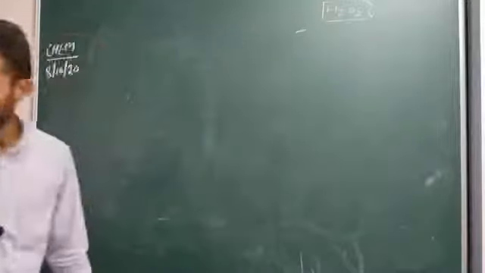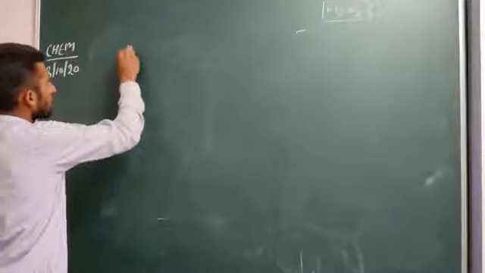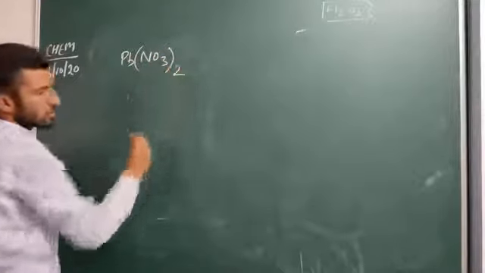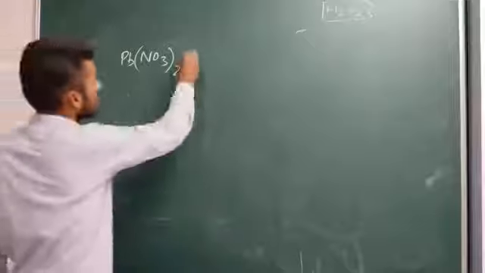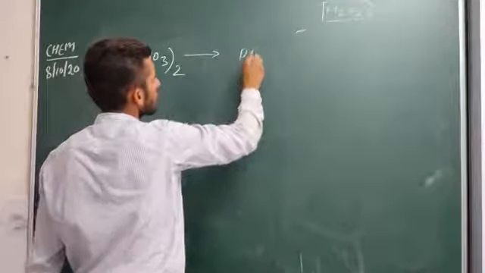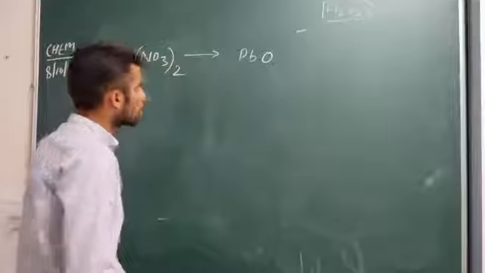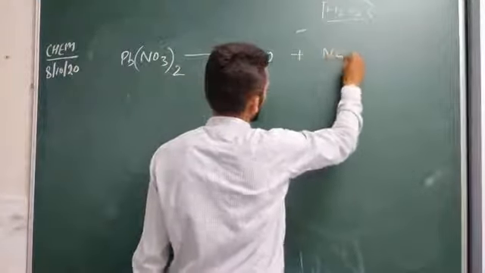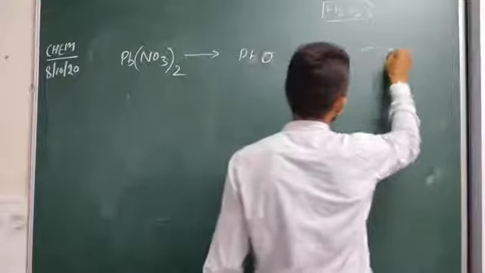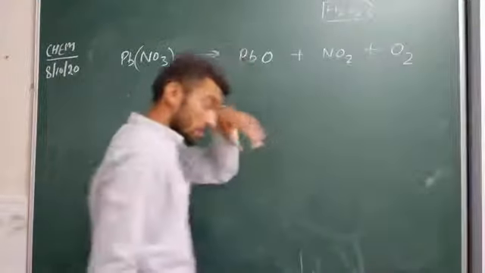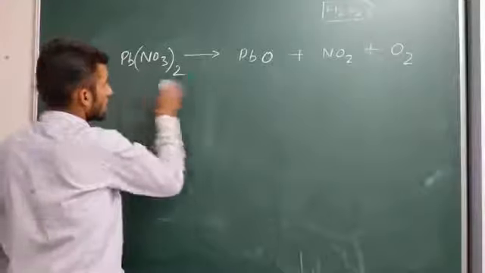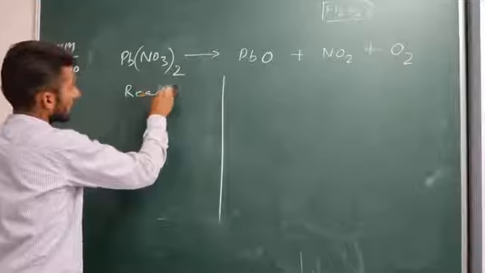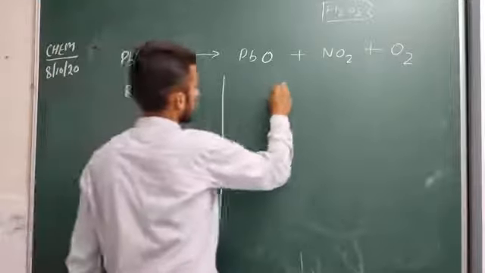When lead nitrate, this is the formula for lead nitrate, decomposes, means breaks down in the presence of heat, there is formation of lead oxide, along with nitrogen dioxide gas and oxygen gas. Now this side is the reactant, that side is the product.